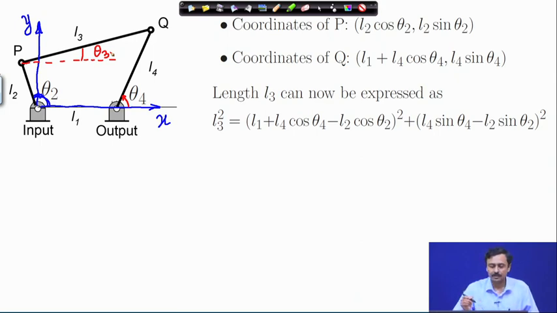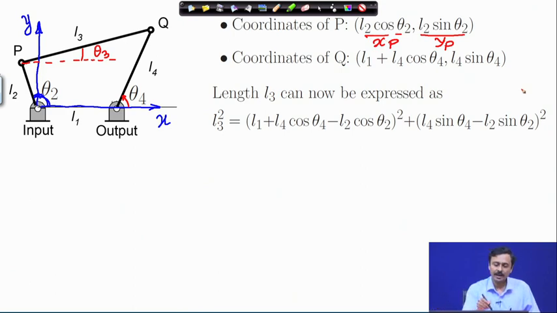Once again I can express the coordinates of point P. This is x p, and this is the y coordinate of P. L 2 cos theta 2 is x p and L 2 sin theta 2 is y p.